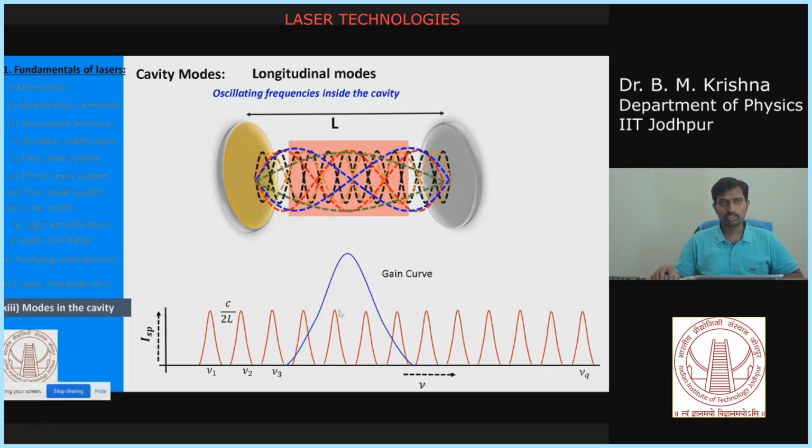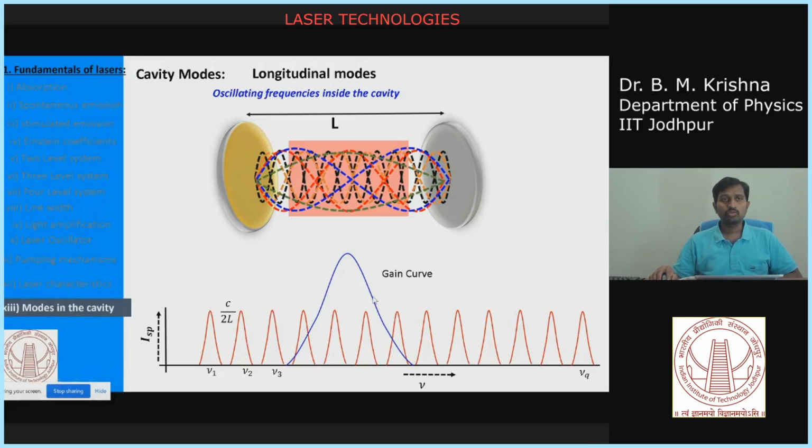Only these photons will be amplified. So using your amplifying medium or active medium, you can define what kind of frequencies can oscillate inside the cavity. So you are defining, I want this frequency or that frequency.